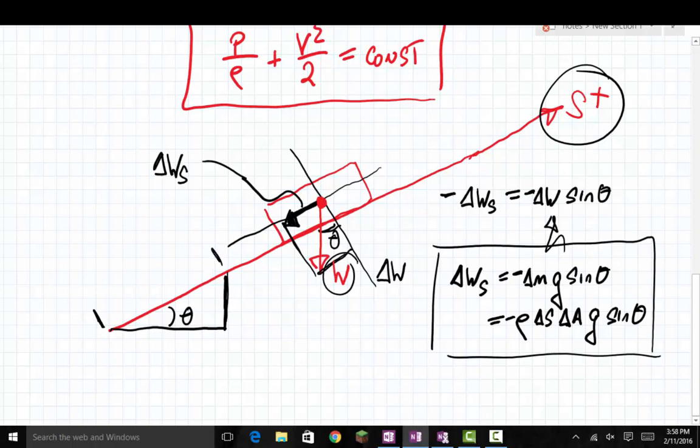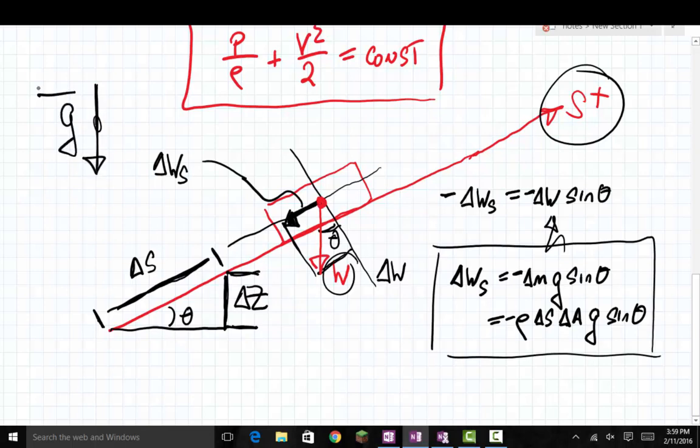So if we recognize that some distance along the streamline, we can call delta S, then the corresponding vertical distance we could call delta Z, where Z is the coordinate along which the gravity vector acts. So delta S times the sine of theta will equal delta Z.